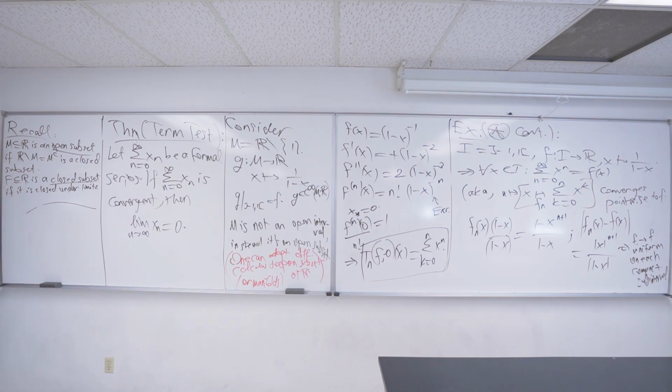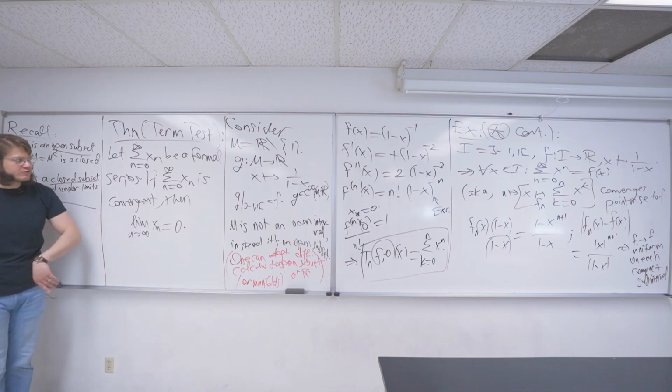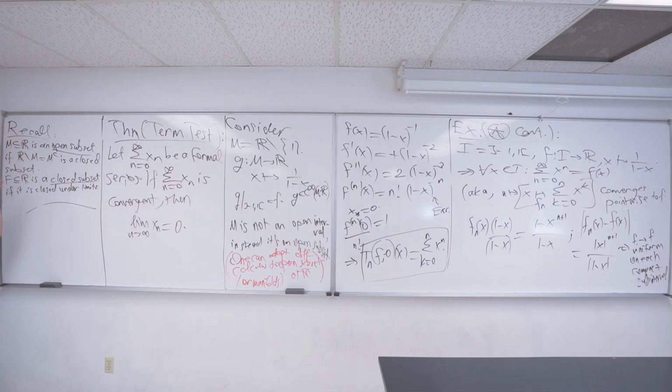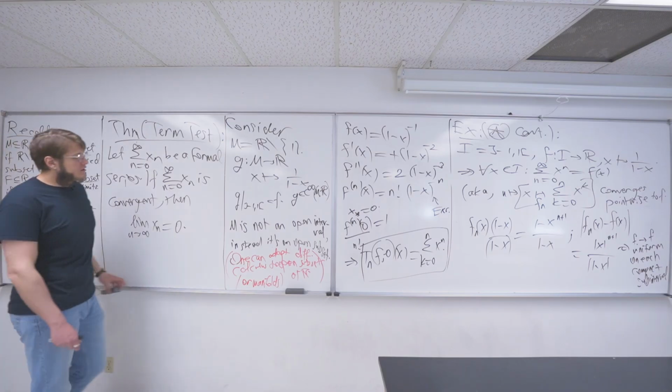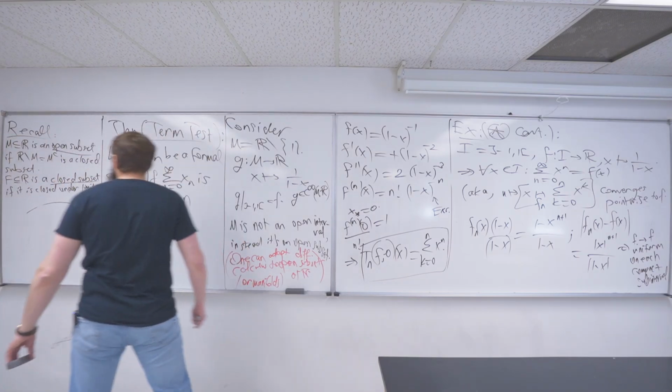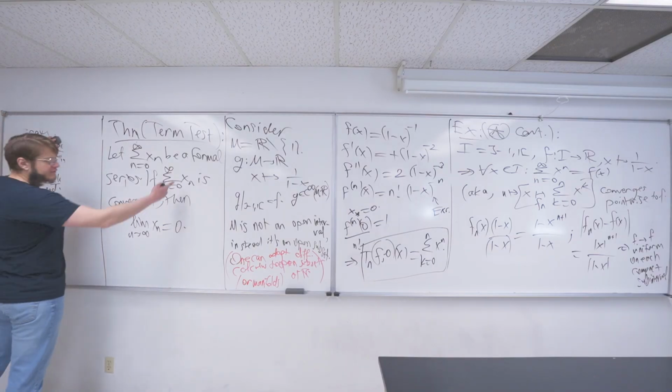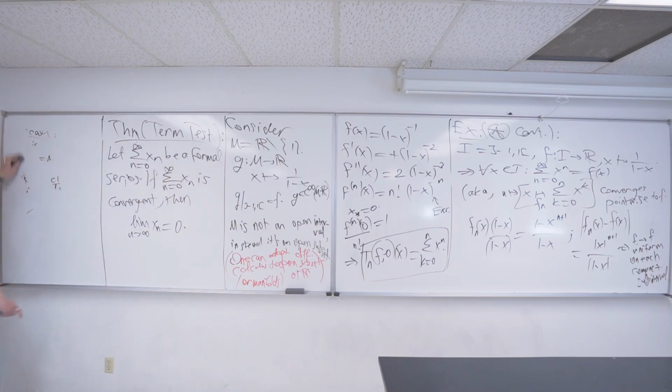Certainly not the other way around. Zeta of 1 is an example. Just because the terms converge to 0, you cannot deduce that the series converges. It goes one way only. And it is a rather straightforward proof, because out of this sequence of partial sums, I can extract the nth term.